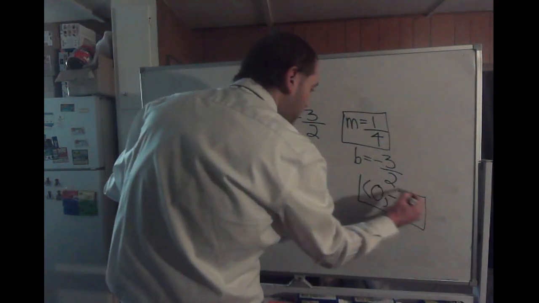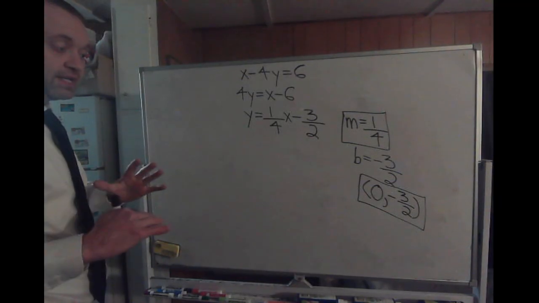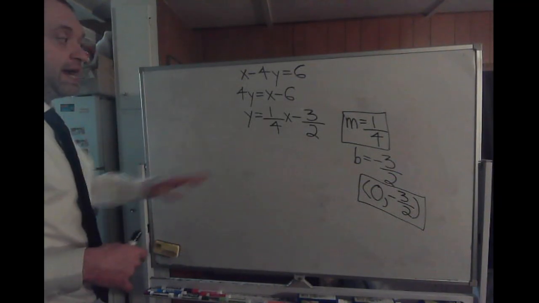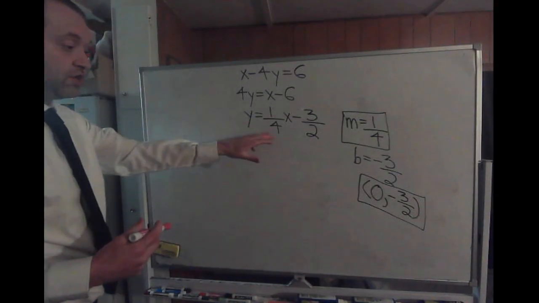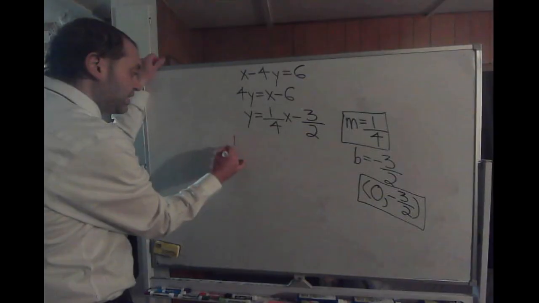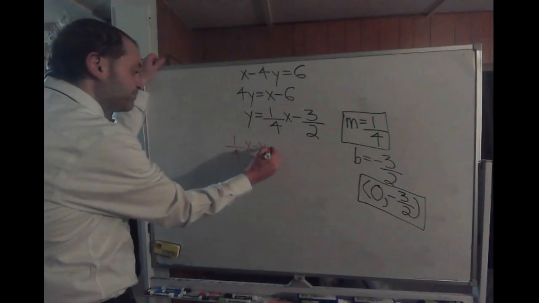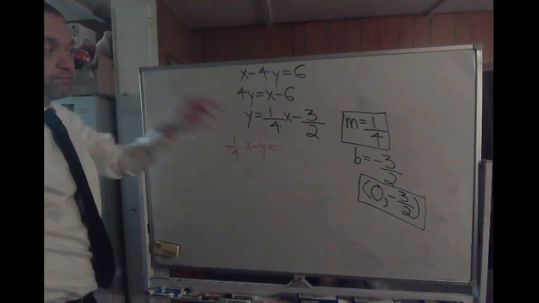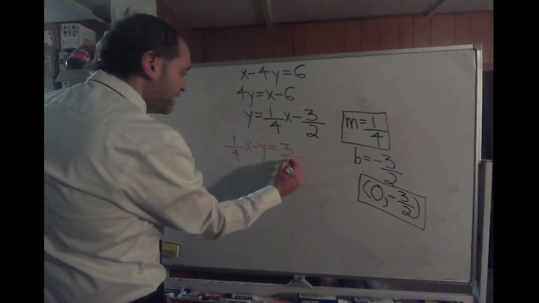So there's your y-intercept. Now if you were asked to convert this back to general form, again, get your x and y terms together on one side. So this would look like 1/4 x minus y equals, then move the constant term to the other side, positive 3/2.